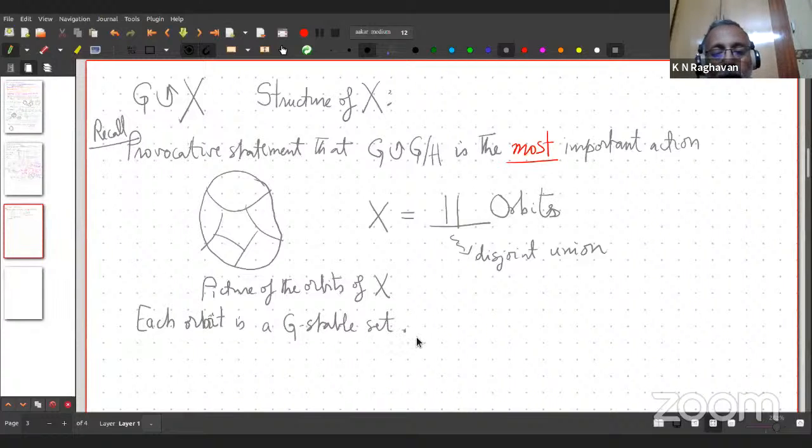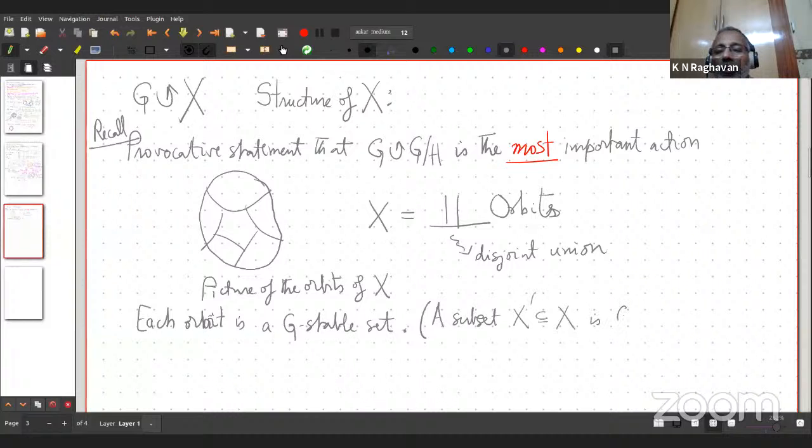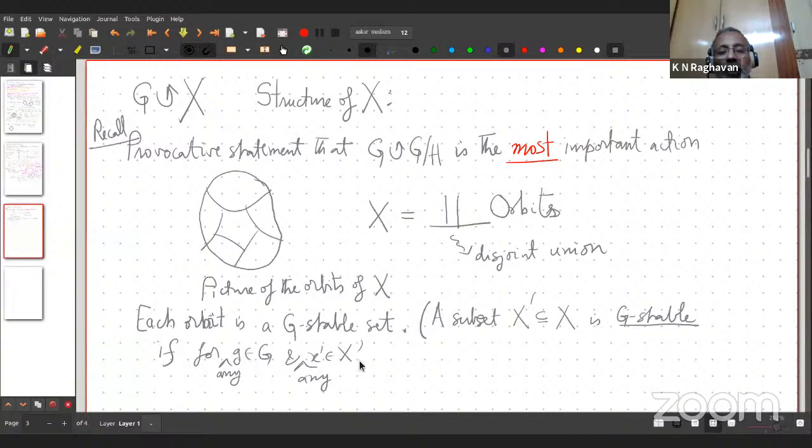In fact, we had observed that invariant subsets, so let's recall what a G stable set is. A subset X prime of X is G stable. This is the definition. I'm recalling it. If for any g in G and any x prime in X prime, we have g x prime in X prime.